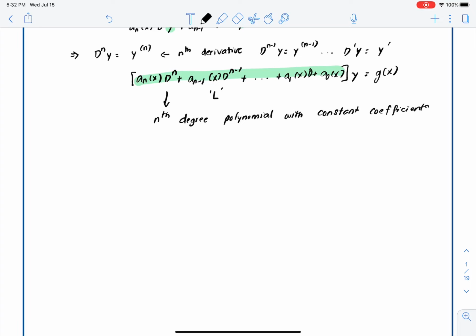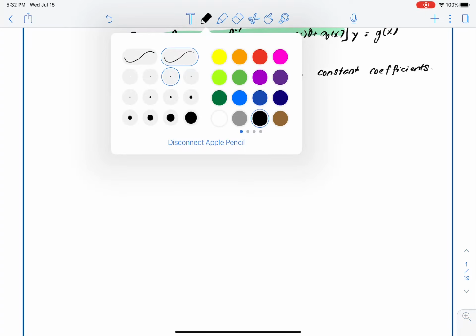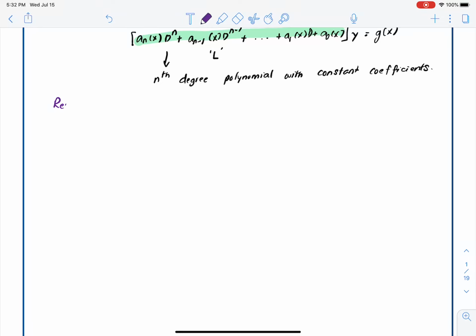We would like to have constant coefficients. If you observe closely, I'll put it as a remark, if D is replaced by m, the polynomial simply becomes the auxiliary equation.